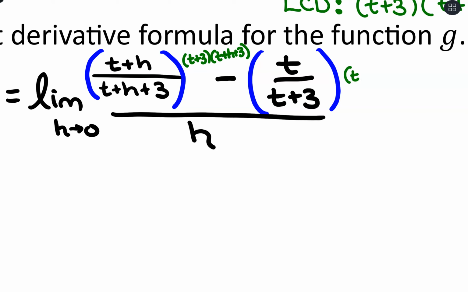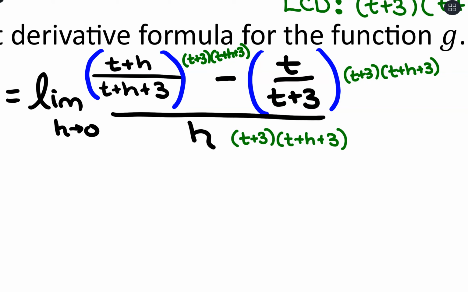Same thing here, t plus 3 times t plus h plus 3. And then same thing down here, t plus 3, t plus h plus 3. So again, in the numerator, it's because it's distributing that it goes to two places. It's distributing across that subtraction, but really we're multiplying the numerator by that least common denominator, multiplying the denominator by the same least common denominator, so that really we're just multiplying by a version of 1.